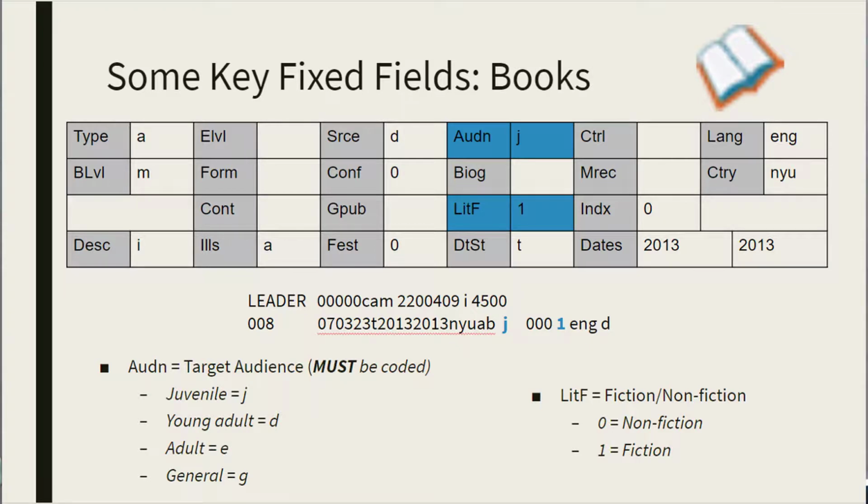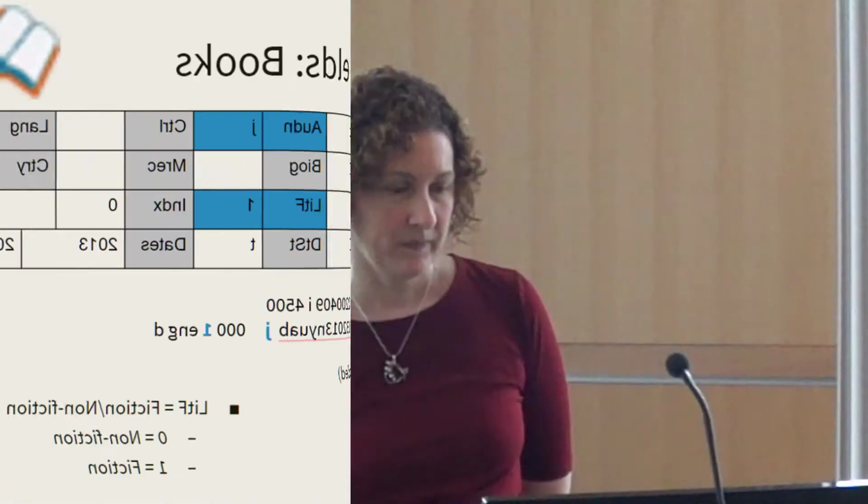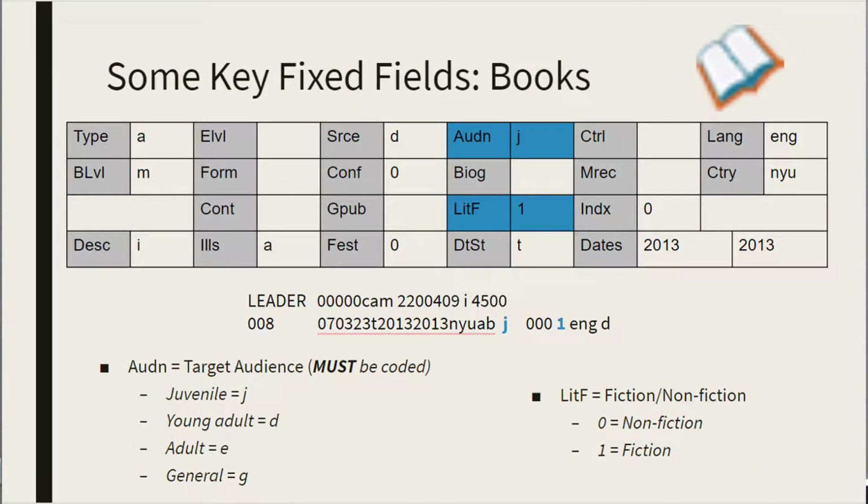Some other things that are useful. Number one, the audience coding, so the target audience. Your cataloging committee decided that this must always be coded so that you can actually search and sort things a little more easily in NC Cardinal by age group reading the resource.